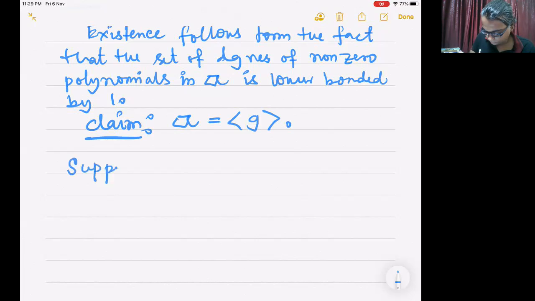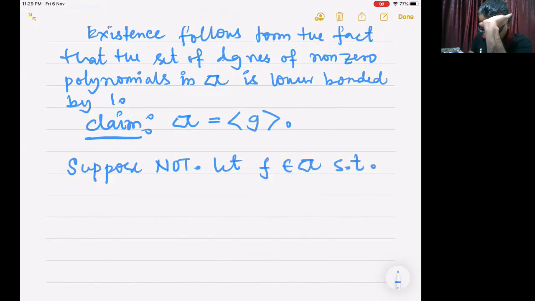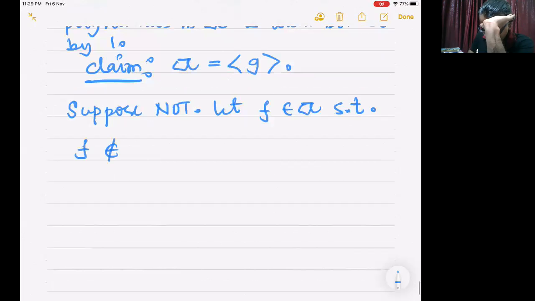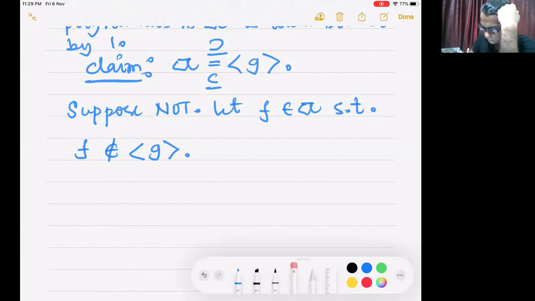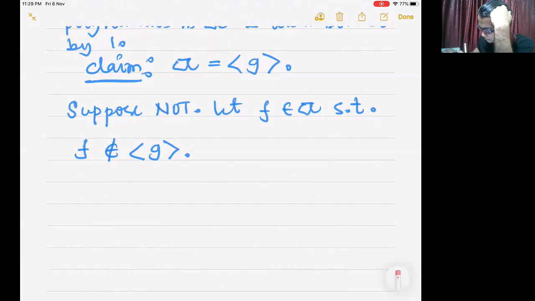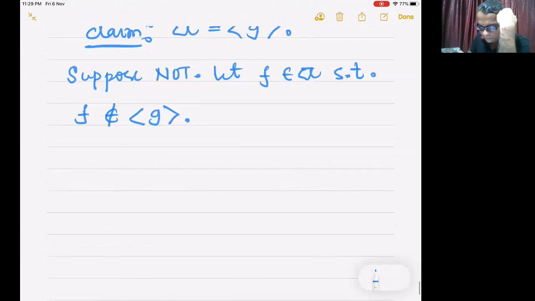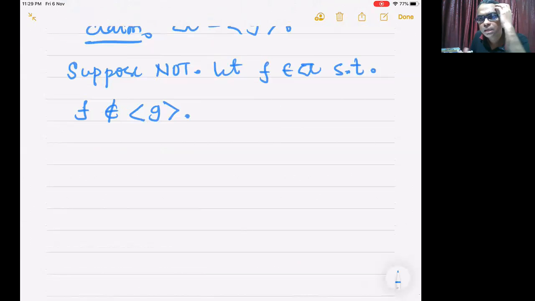Suppose not, then there exists F in A such that F does not belong to (G). Right, we have to show that A is equal to (G). Of course, G is an element of A, so this direction is always true. But we have to show this direction also, that everything in A must be an element of (G). So I'm picking an arbitrary element F in A, and I'm assuming that F is not in (G); we'll get a contradiction.